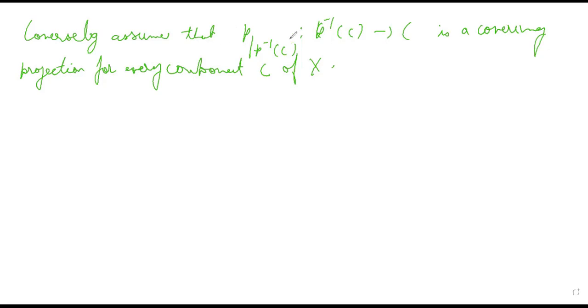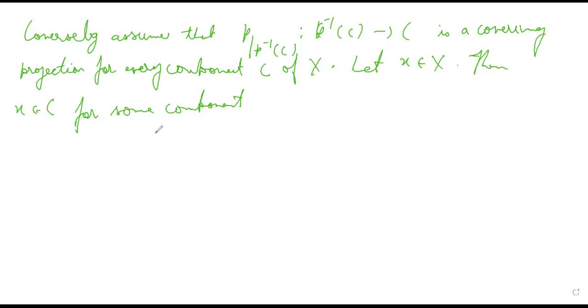Now let x be a point in X. Then x belongs to C for some component, because X is the disjoint union of its components.